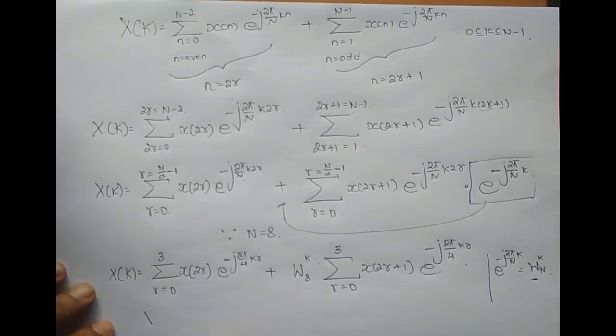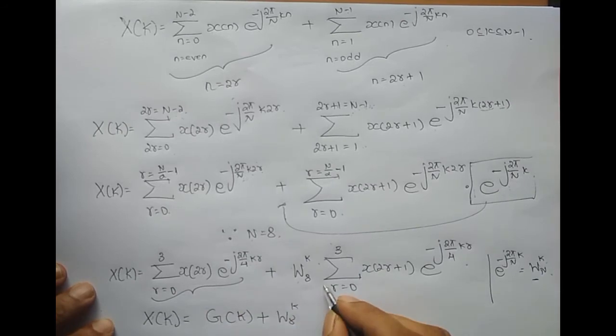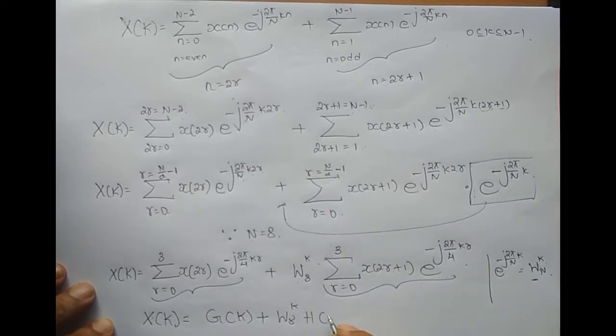Now I can write this as x of k is equal to, this entire thing I will call g of k, plus w8 power k into this entire thing, which I will call h of k, where k is varying from 0 to what? 0 to 3. Why 0 to 3? Because this is the 4-point DFT of all the even indexed samples.